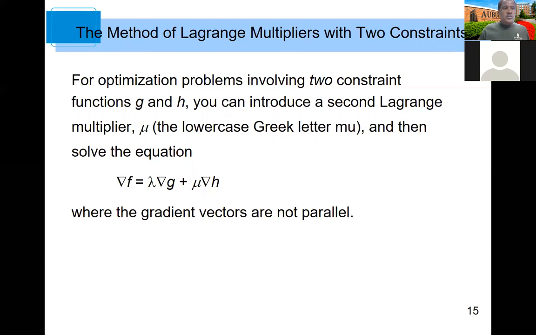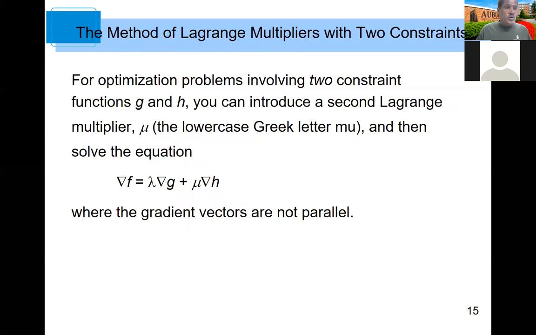So suppose you have two constraint functions, g and h. Previously, we had a constraint function g. Now we are adding another constraint function h. Then you can introduce a second Lagrange multiplier. Call it mu. That's a Greek letter.